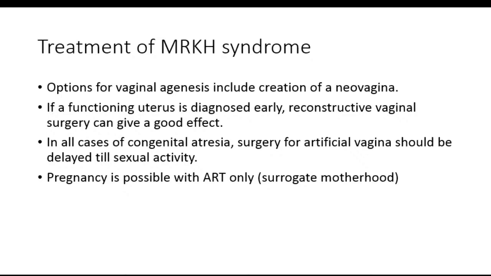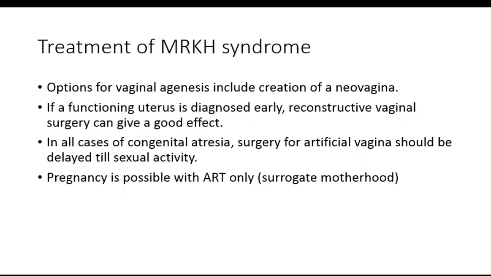First, we need to restore sexual activity for such patients because they don't have a vagina, if they want to be sexually active. For intercourse with a male partner, we need to create a neovagina. This is a surgical procedure, the creation of the vagina, reconstruction of the new vagina.